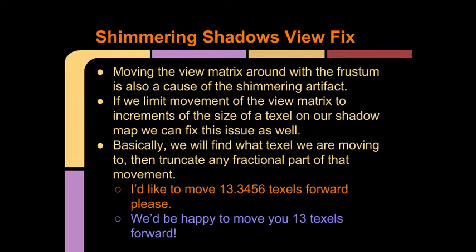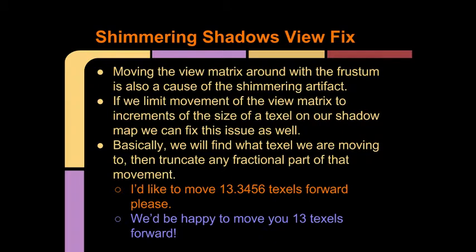As an example, if our shadow map texture was 50 texels wide, we might try to write to a texel that is 13.3456 units to the right. There is no texel 13.3456 though, so we will end up at 13.